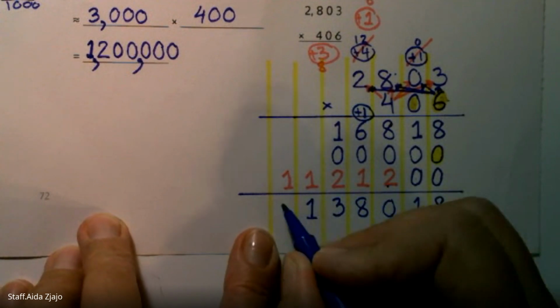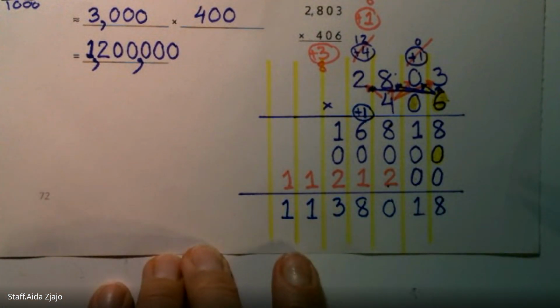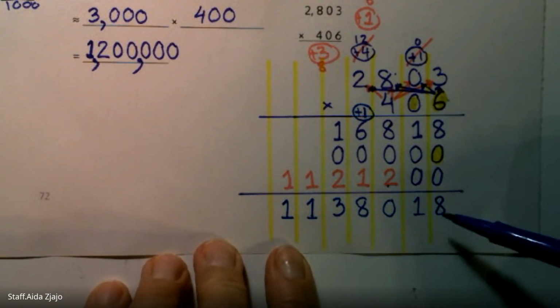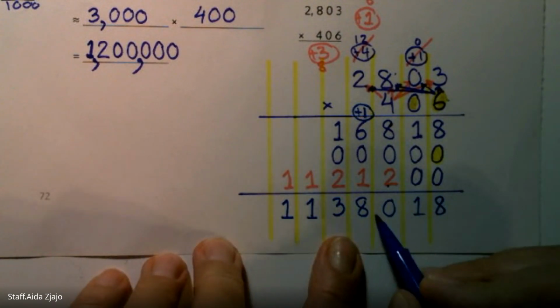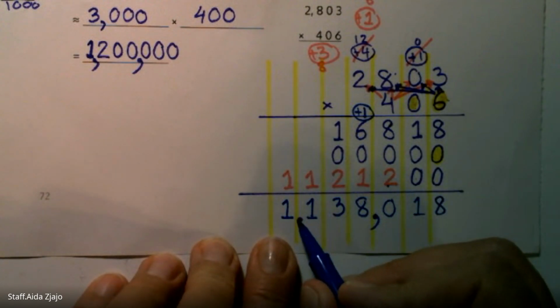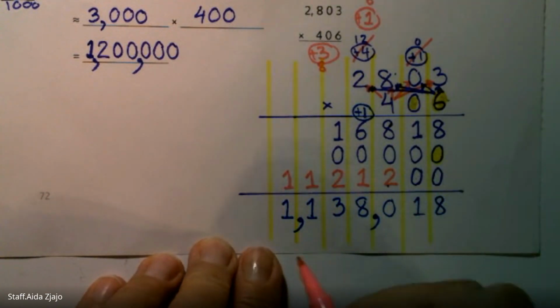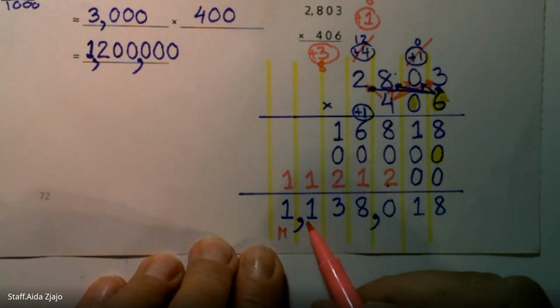And then I have 1 and 1. So these are all the digits that it creates. So let's see now. Ones, tens, hundreds, comma. Ones, tens, hundreds of the thousands period, and comma. So now you can see that you have 1 million.